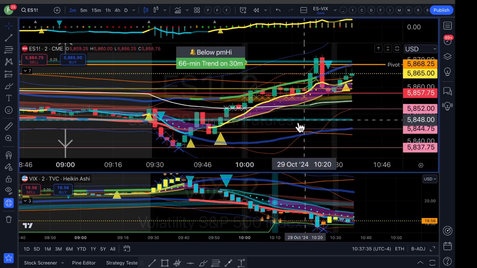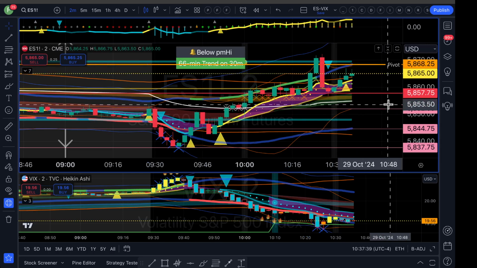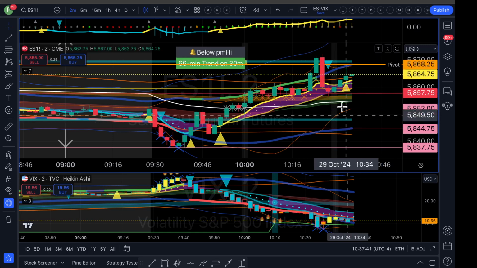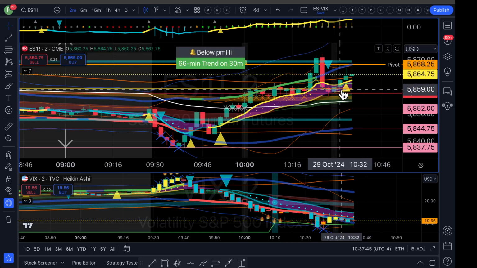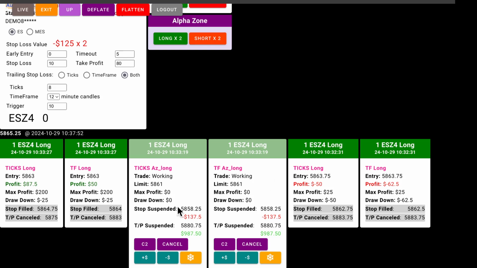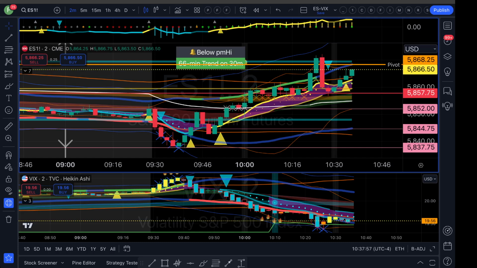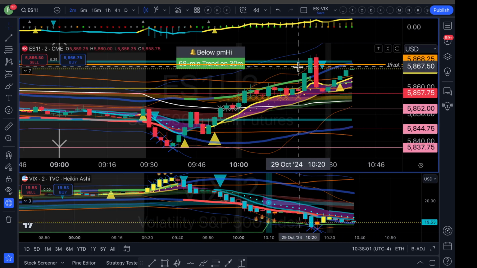So right now, we're at a pivot level where we first rejected, which was expected. Now it looks like the dip is getting bought. So we already have a buy here at the alpha zone to get in, but again, it could reject again.